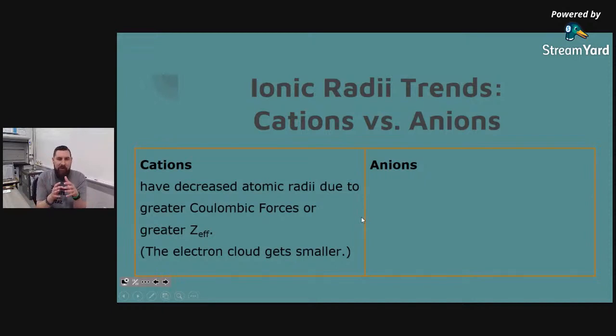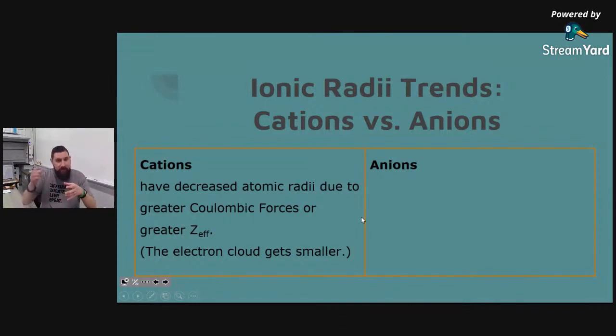In essence, that attractive force is divided unequally between them. For example, if I had 2 protons, 2 electrons, then each proton attracts 1 electron. Well, if I remove an electron, now I've got 2 protons attracting 1 electron. That's a much greater attractive force. So Coulombic forces, or ZEF, increases, and it pulls that electron cloud inward.